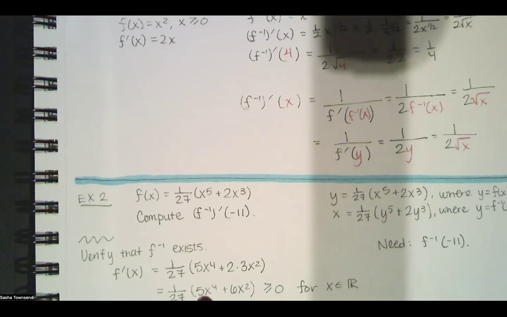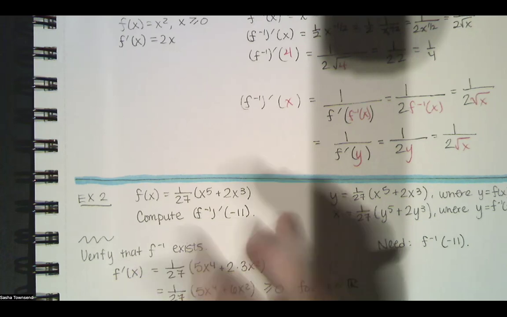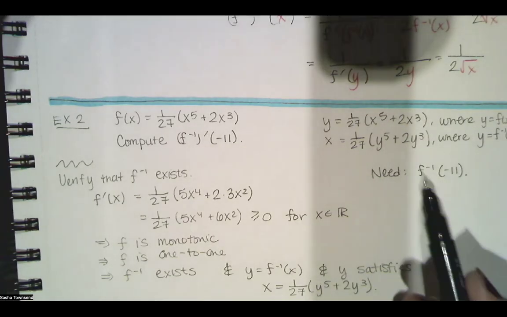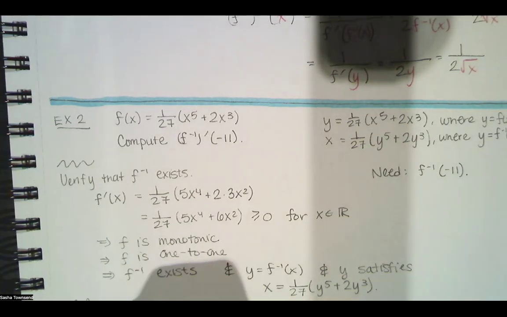I can replace this x value with that y value on the graph of f inverse. And then that slope at that particular x value, 1 over that slope, is going to give us the derivative of f inverse there. Okay. I need to know what f inverse at -11 is. So let's let f inverse at -11 equal x.